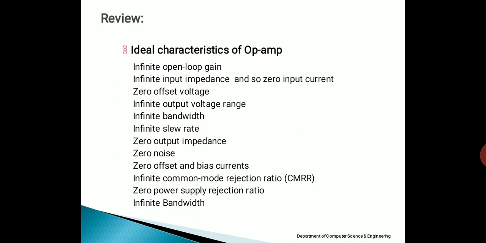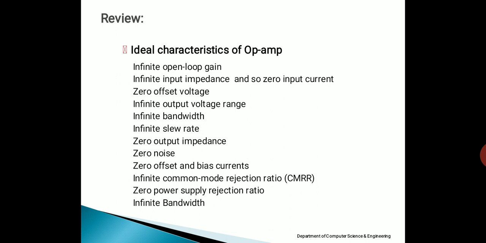Infinite output voltage range, obviously, as the open loop gain is infinite, the output also will be infinite. The bandwidth of the op amp should be infinite. Another important parameter, slew rate, the maximum rate of change of output voltage with respect to time, also should be infinite. The output impedance of the op amp should be zero.